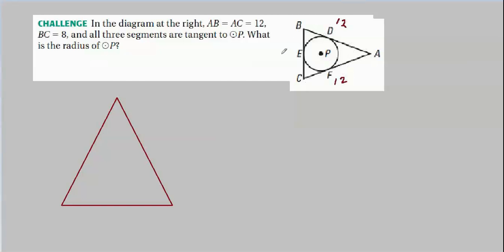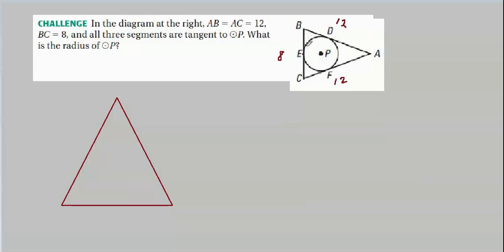And this is 8 over here. Well, if we remember the incenter, that's the center of the inscribed circle, that's where all the angle bisectors meet. Well, this one angle bisector, since this is an isosceles triangle, is also the perpendicular bisector of the segment. The fact that it's perpendicular isn't too important right now. The fact that it's a bisector is.